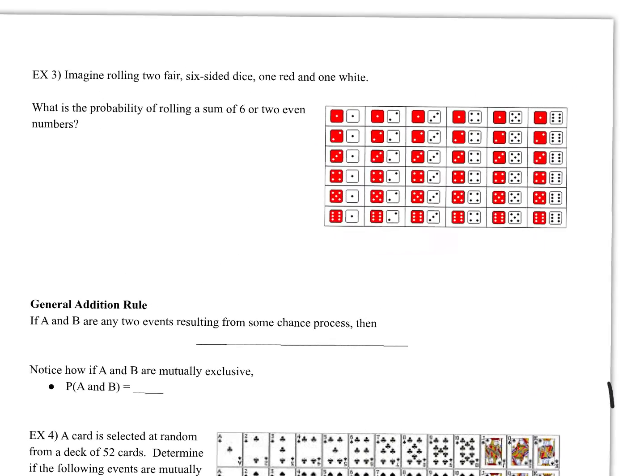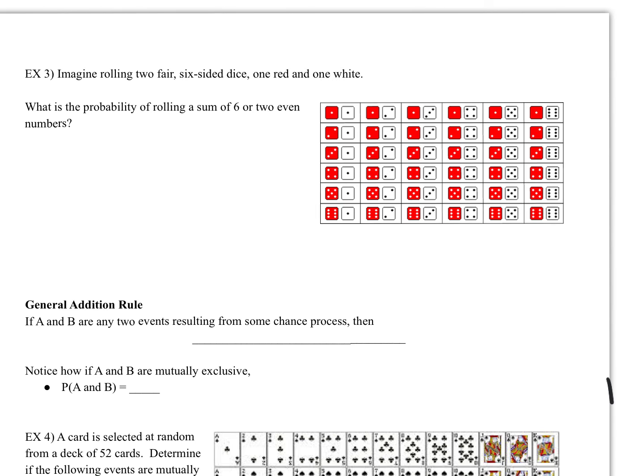All right, so we're going back to our 2 dice that we're rolling, the red one and the white one. And this time we want to know the probability of rolling a sum of 6 or 2 even numbers. So I'm going to go back and I'm going to get my 2 events.